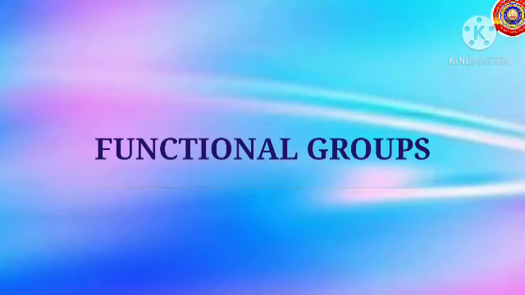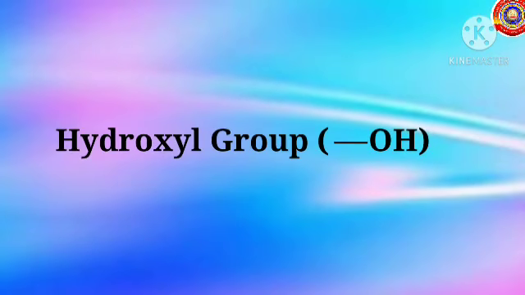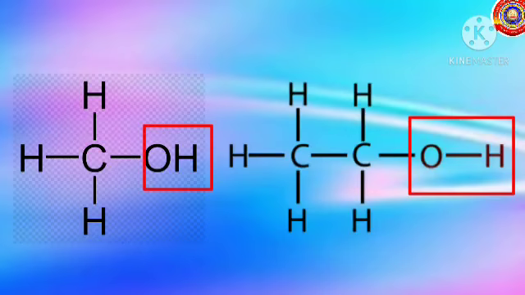Let us see the functional groups in detail. The functional group that we are going to discuss first is the hydroxyl group. The compounds having OH hydroxyl as the functional group are commonly called alcohols. All alcohols have the OH group and have similar properties.